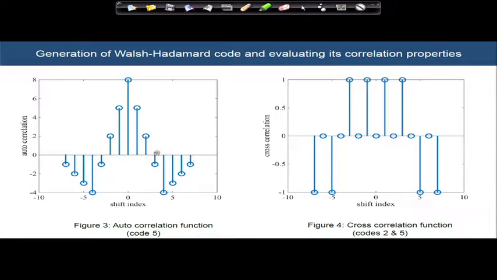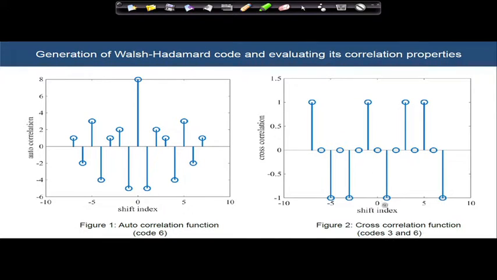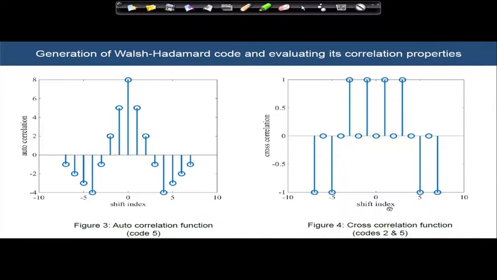You can change the value of this code index and try and plot autocorrelation and cross correlation for different code indices. We see another example where we have codes 2 and 5, but again this plot is different from the plot for cross correlation between 3 and 6.